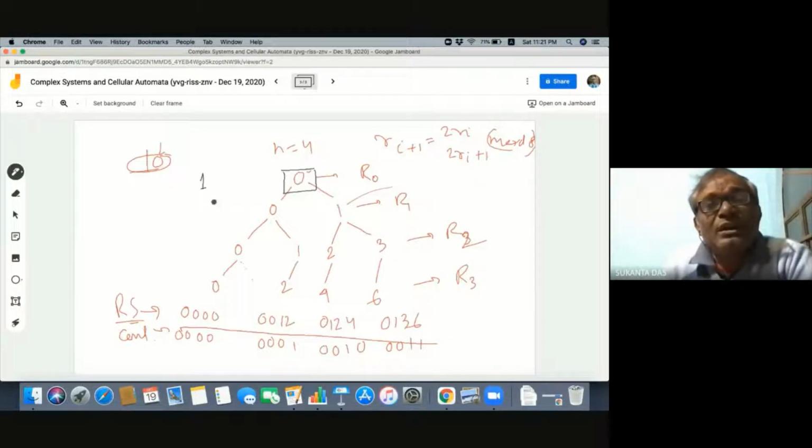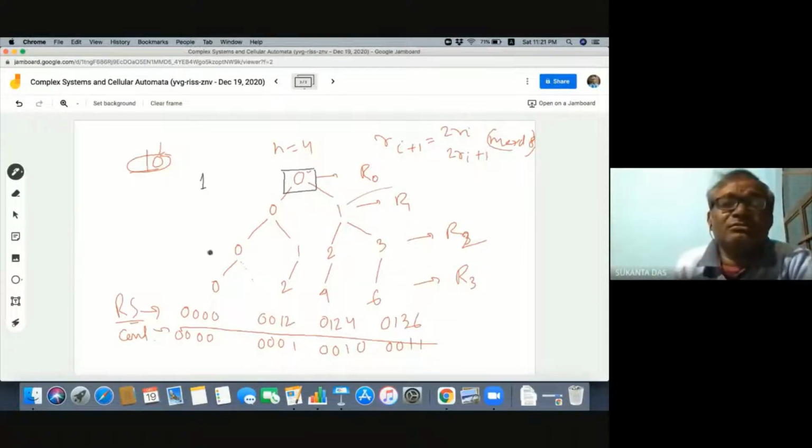In case of null boundary condition, how many RMTs can you get for rule R0? RMT 0, how many RMTs can you get? Always the left part is 0 because of null boundary condition. Then you can change with this one.